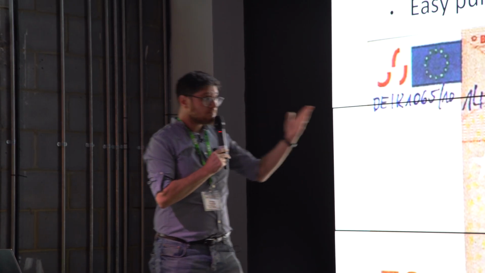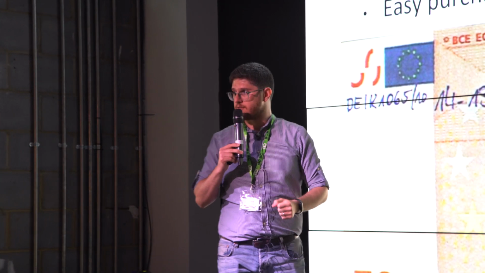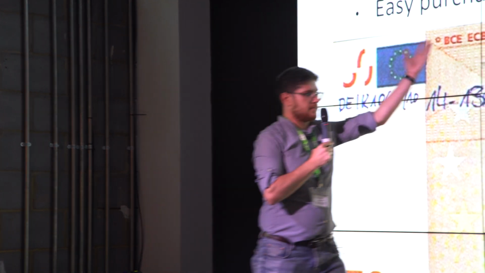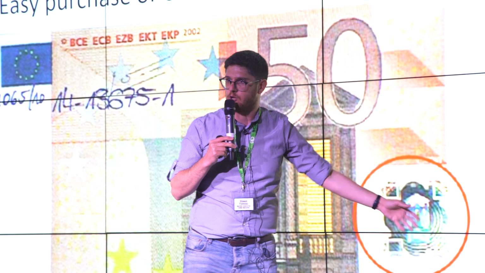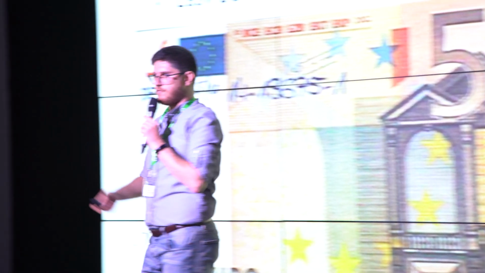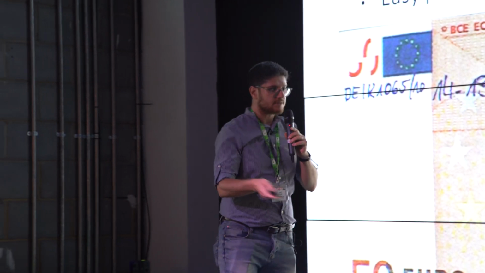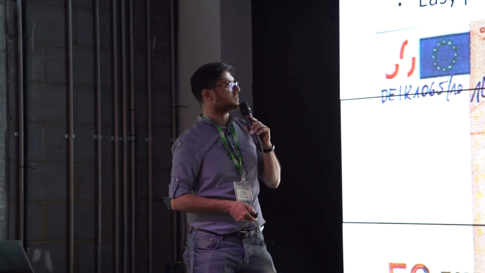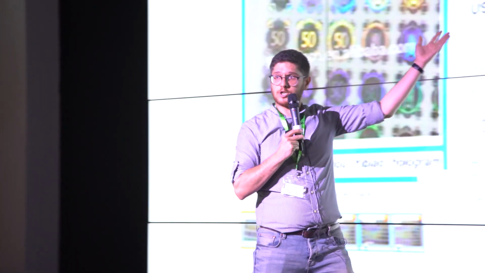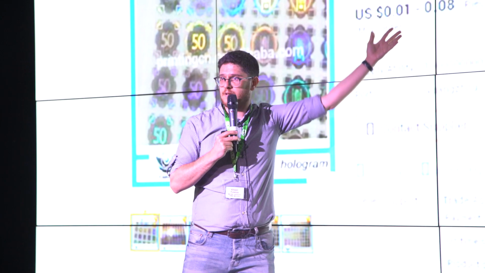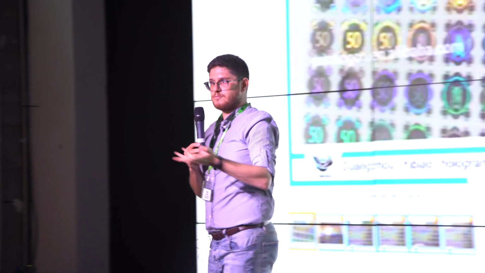So let's see what we can find in the darknet. First, this is an old 50 euro note, and this is a very simple hologram that you can usually see on a lot of physical items. You can easily buy them in large quantities. Just look at the price and use it for your own purposes.